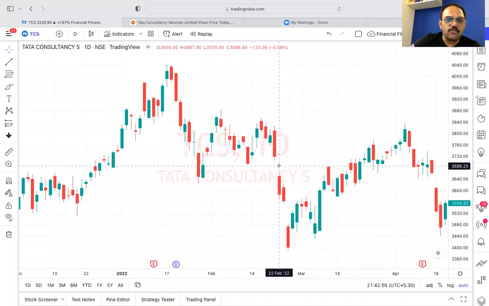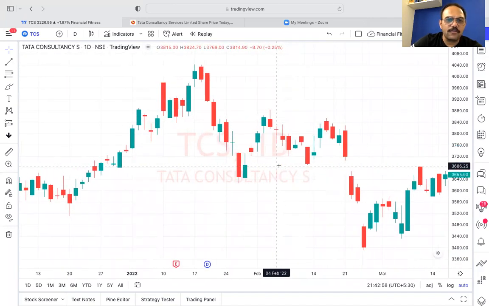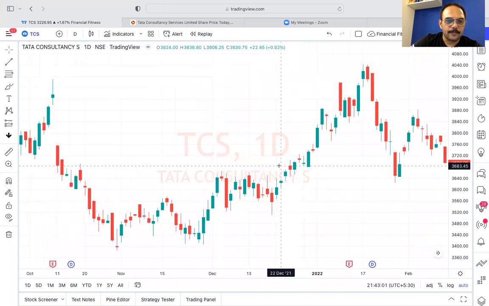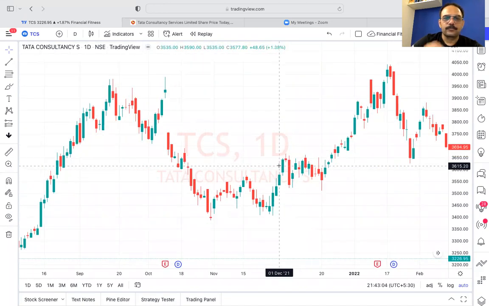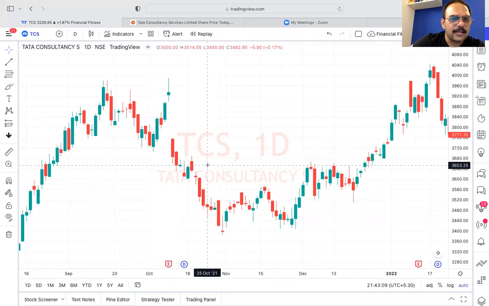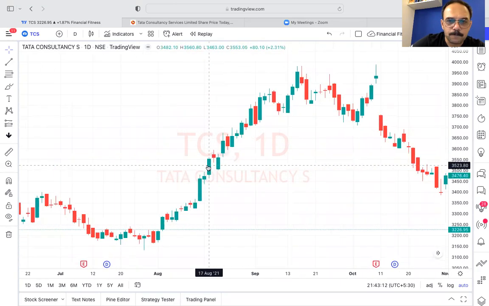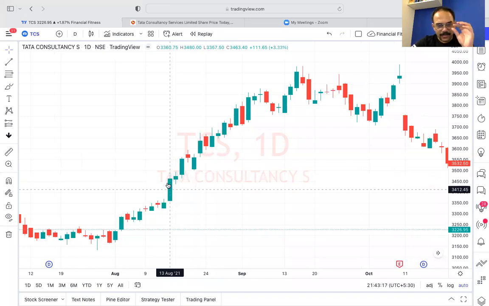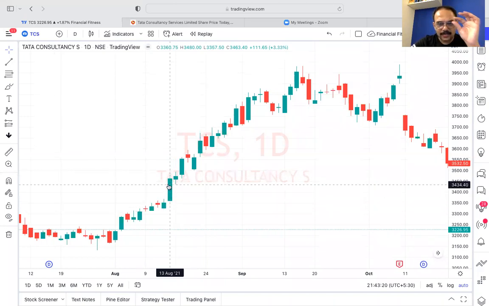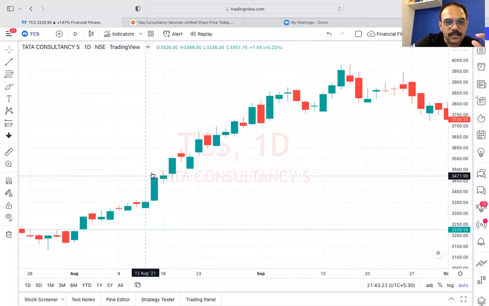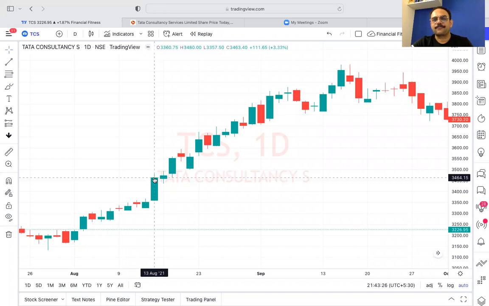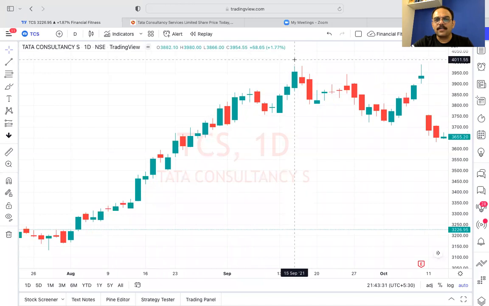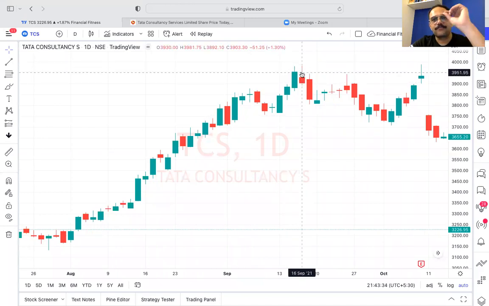See, now only looking at the wick, what you will find is, if simple, I'll give a technique. When it is going up, if you see the candle here, the wick on the top is smaller. As it goes up, the wick size on the top increases.